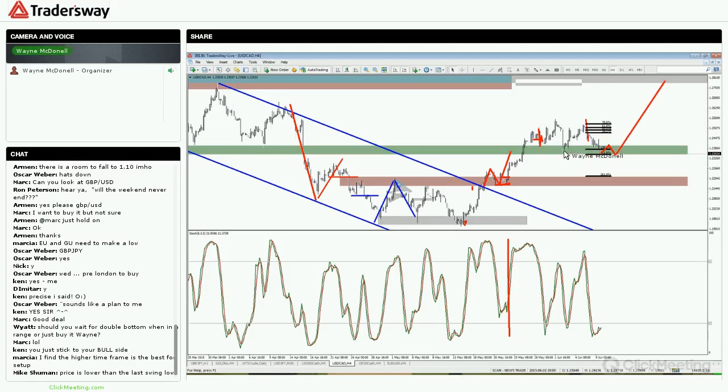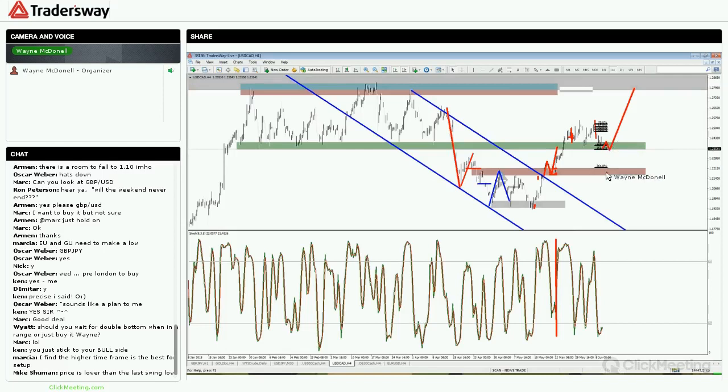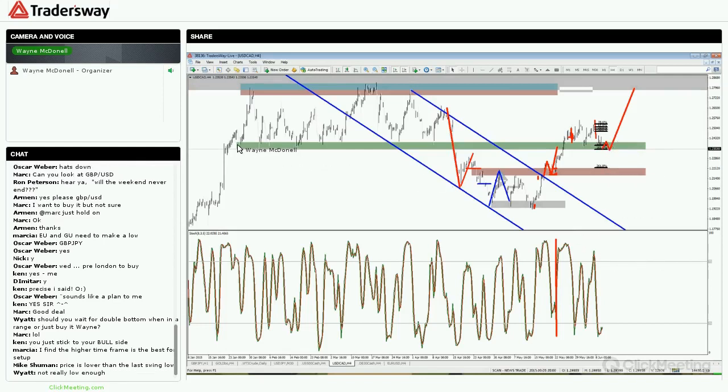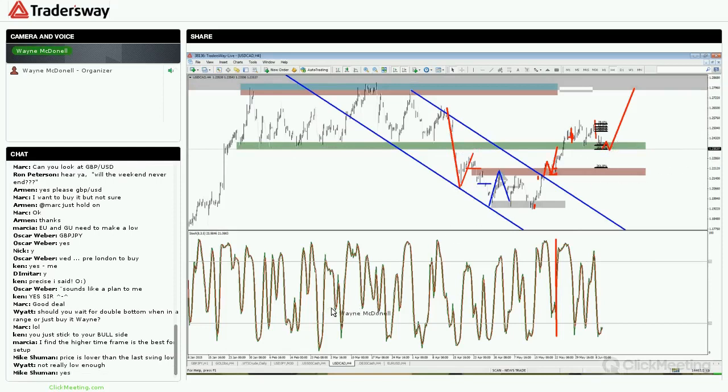The last swing low is right there, Mike. See, I have it zoned. Oh, you're doing it like it's 5 pips lower? No, dude. Come on. Look at my green zone. We've had this green zone for months, ladies and gentlemen, months. Since February, I've had this as a support zone.